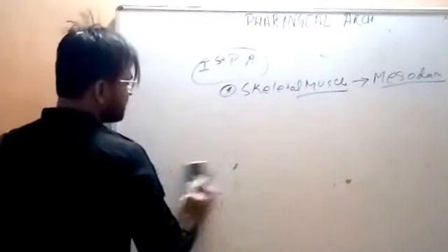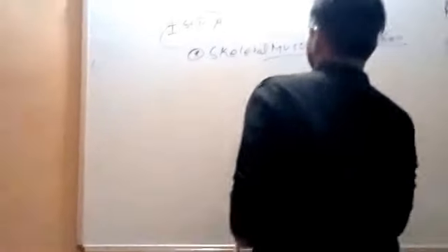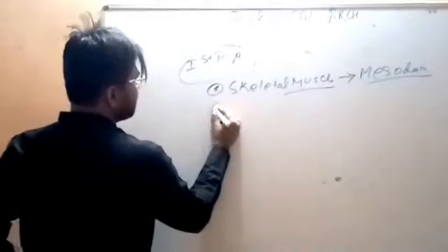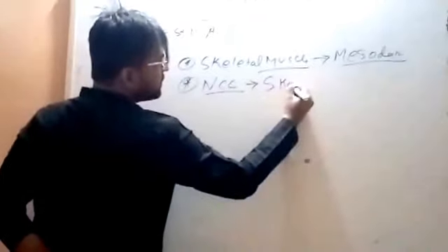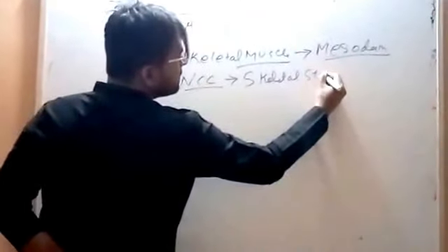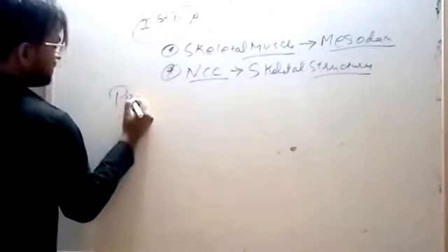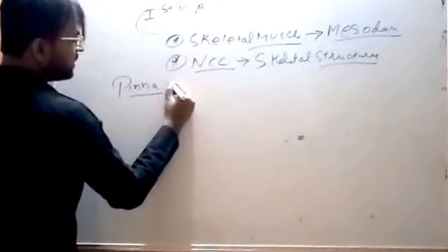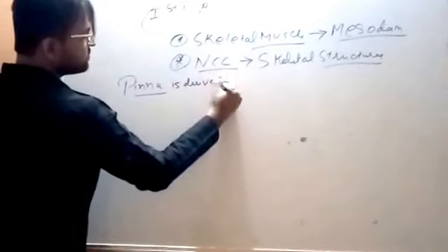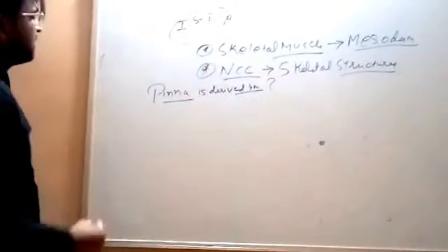And neural crest is the derivative of epiblast. So neural crest, as I told you, gives rise to skeletal structures. Now, coming to skeletal structure, pinna. What is pinna?